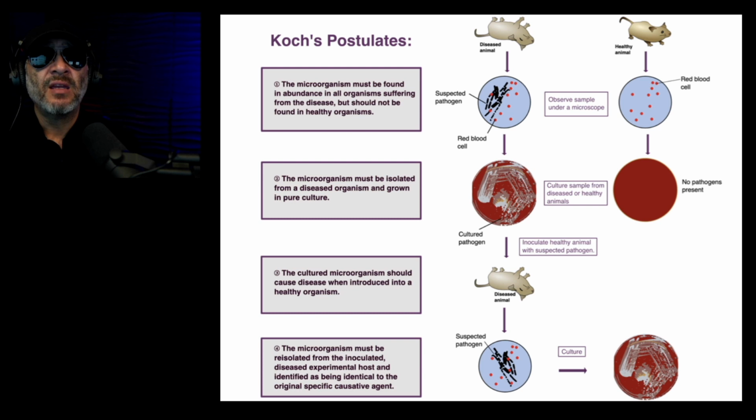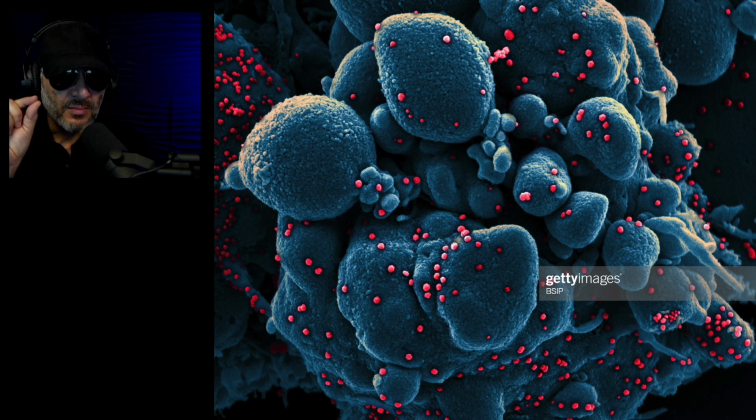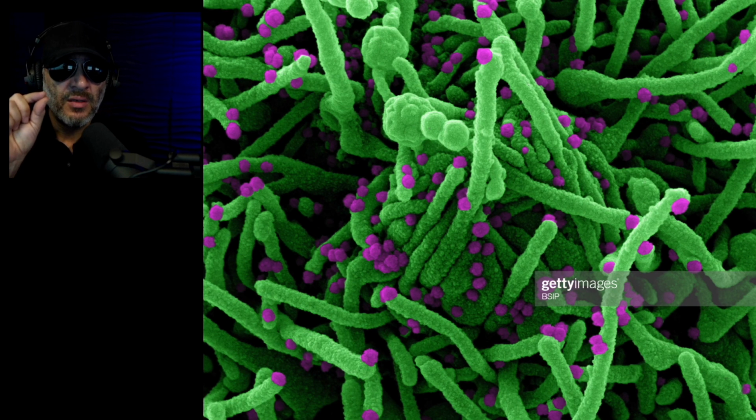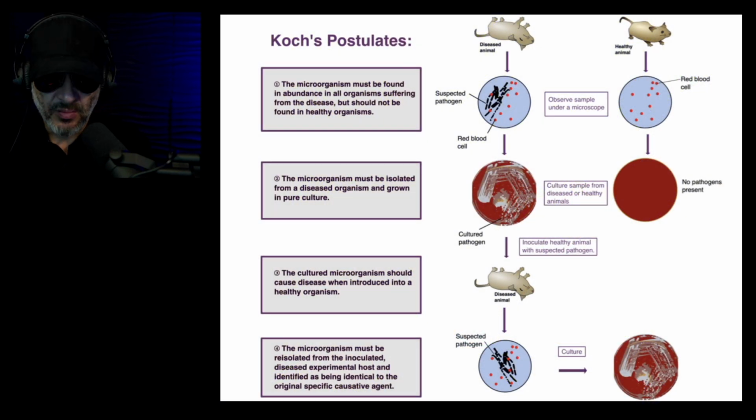In order to say it definitively, we need evidence that the SARS-CoV-2 virus, the thing that we see in the microscope, it's real, I see it, is the cause. The question is, did anybody do this? Did anybody go through this rigor? And are the only people who claim to go through this rigor the Chinese? And then they say, yep, this was it.